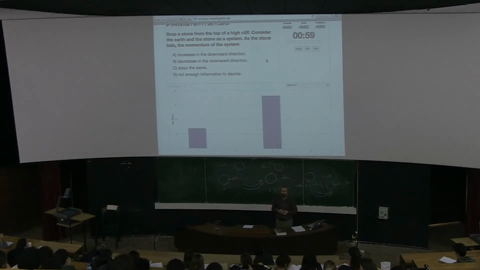So any objection to this one? Or somebody else who had answered A, do you still think it is A? Okay. So the kinetic energy is increasing, so the momentum is increasing, you mean? So that's a defense.